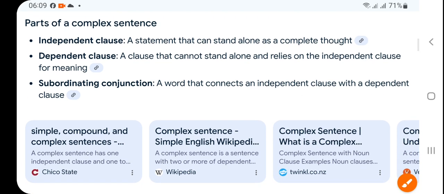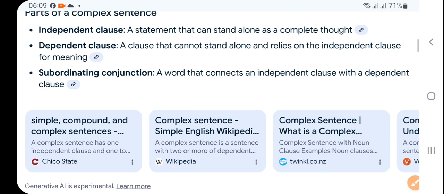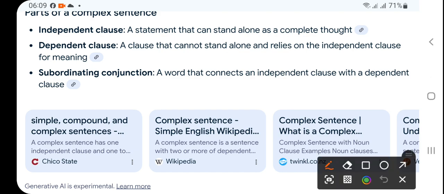Now, parts of a complex sentence. Independent clause: a statement that can stand alone, right? Known as complete, it delivers a complete thought, and is called an independent clause.